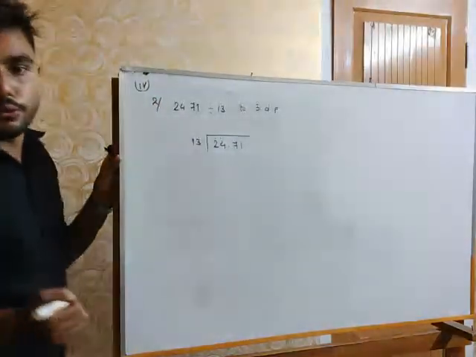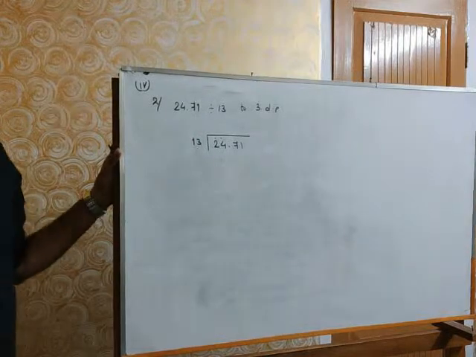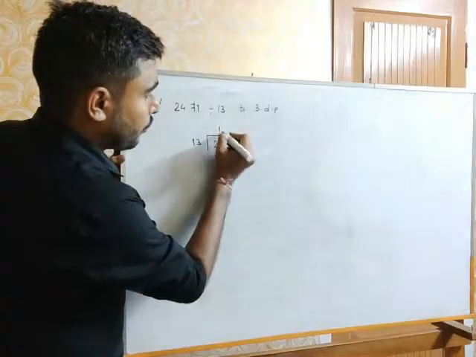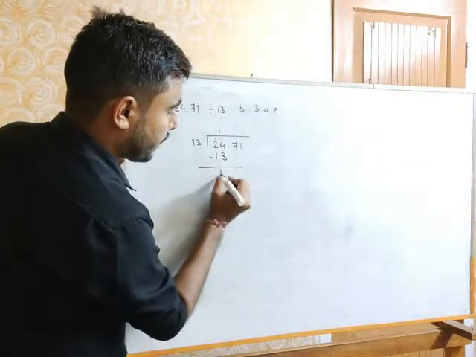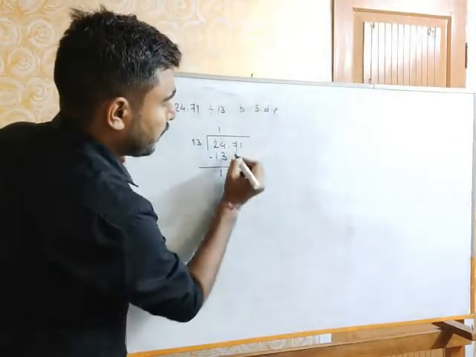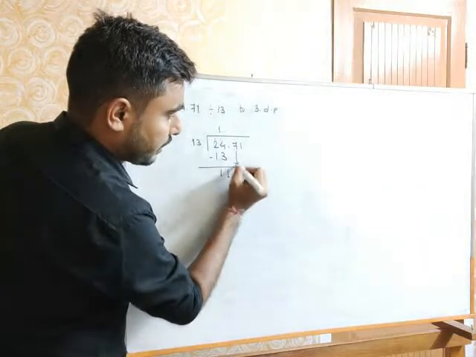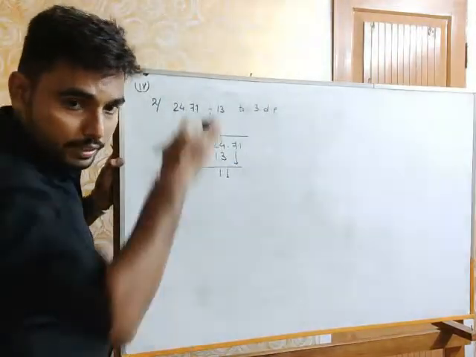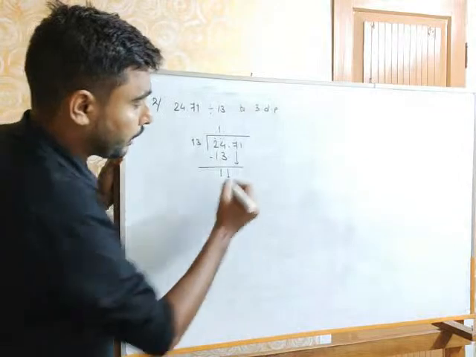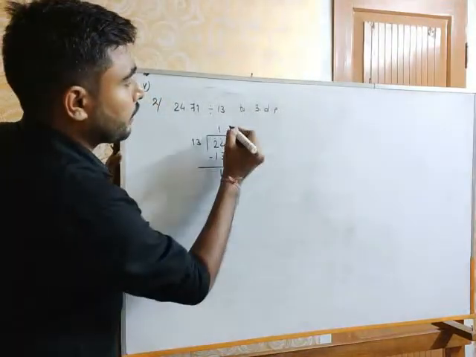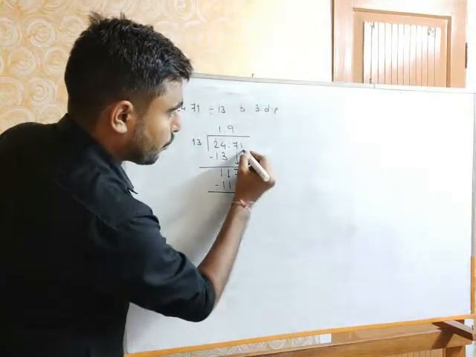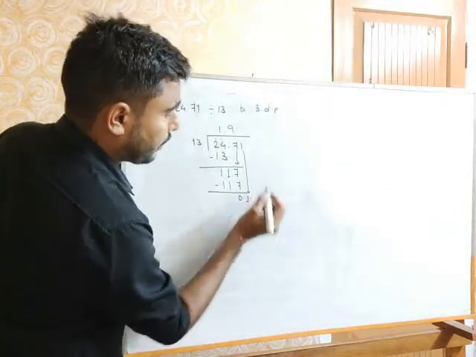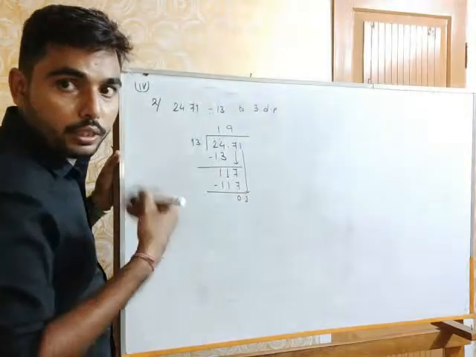The first two digits are 24; 13 into 2 is 26, so we will take one time only. 13 times 1 is 13; after subtraction, 4 minus 1 is 1, 2 minus 1 is 1. The decimal is there, so it is written in the quotient, and 7 comes down. 117: 13 times 9 is 117, remains 0.